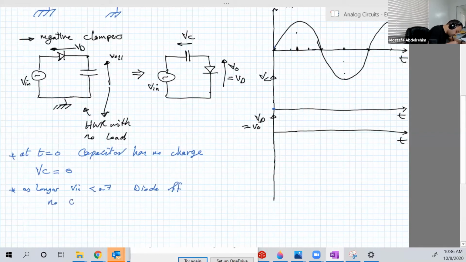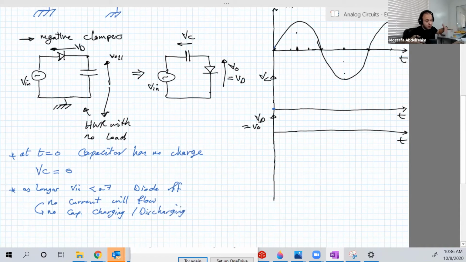So no current will flow in the circuit. And if you have no current flowing, the capacitor will not charge or discharge, because basically it doesn't have a Q or charges to discharge.